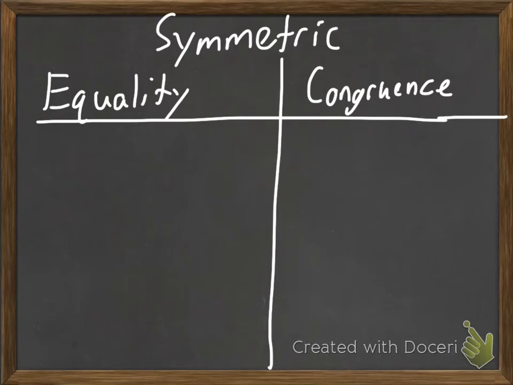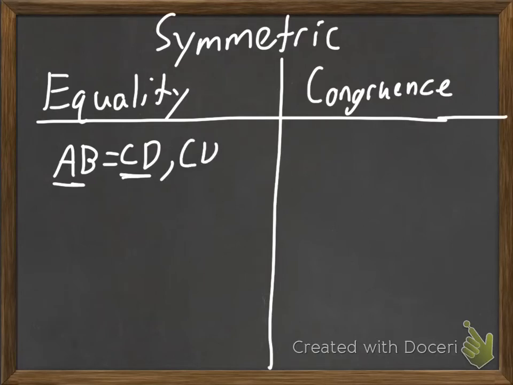Next we have the symmetric property. And the symmetric property is similar to the reflexive property, but not quite. If we say we have just a length of AB and it's equal to CD, what the symmetric property says is that we can just take these two and flip them about the equal sign.